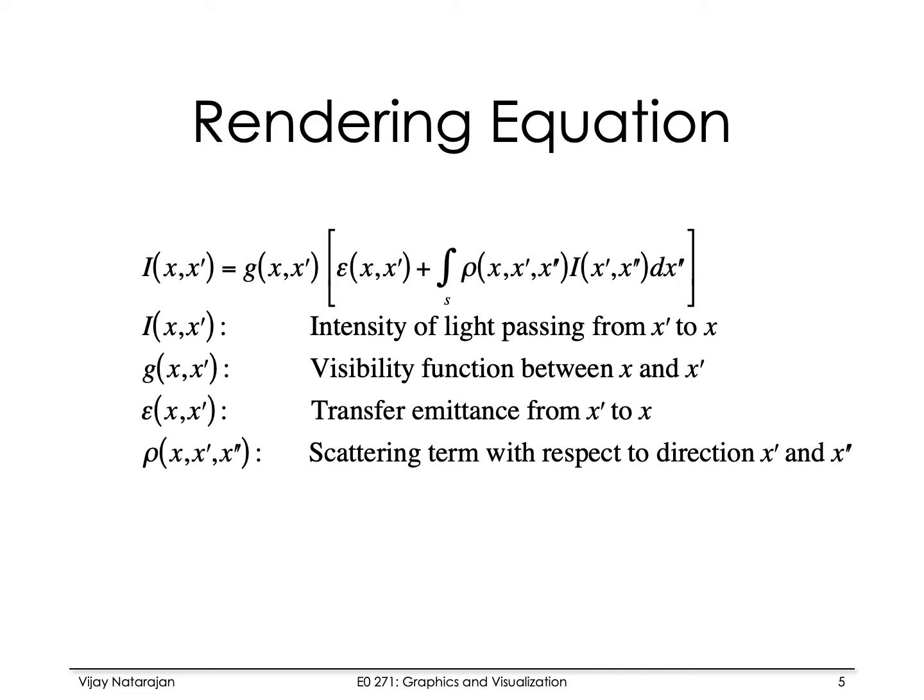So rho captures the amount of light that begins from x prime, reaches x via x double prime. Right? Hopefully that's clear.